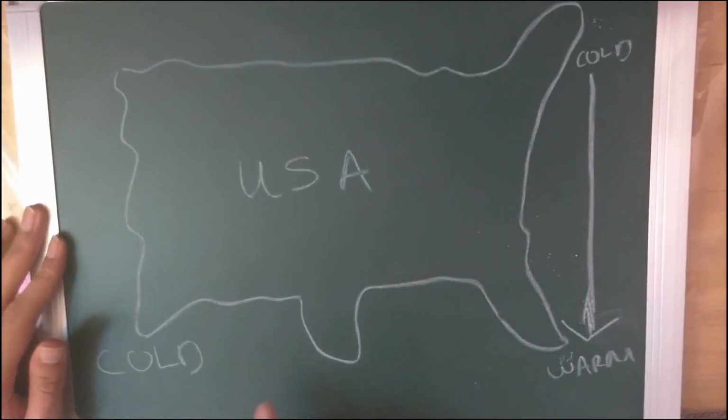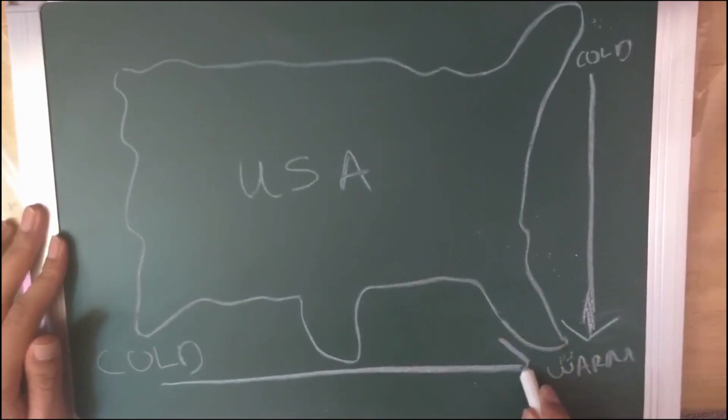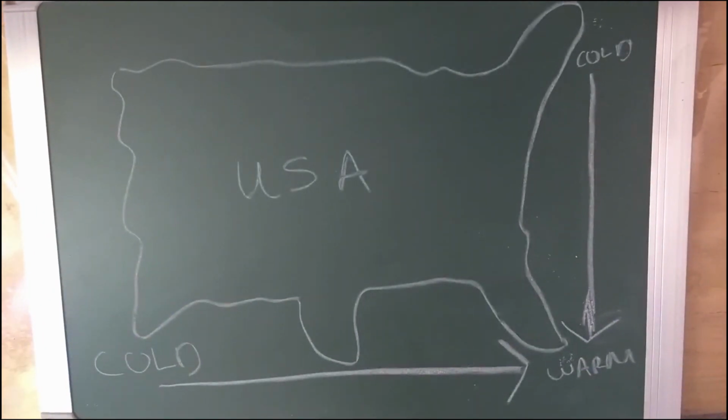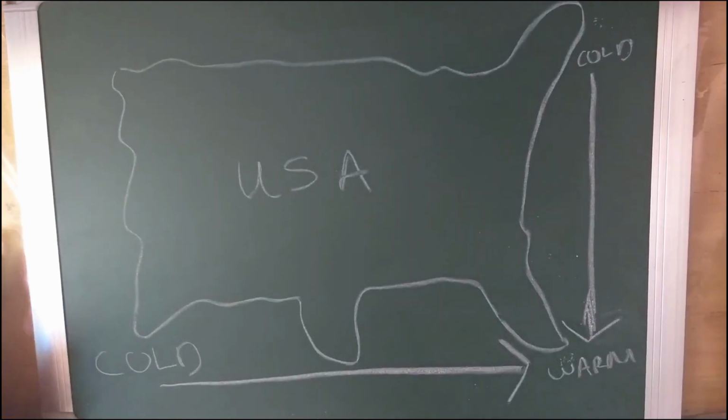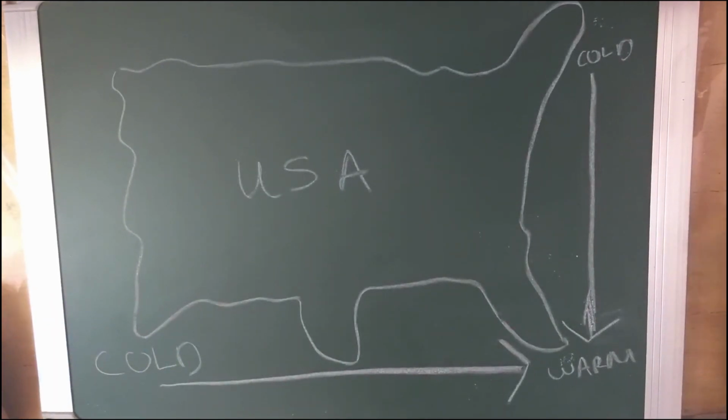Well, let's draw a vector to represent that. So this is by no means geographically accurate, but that's fine. We can sort of discern from this the general trend in the temperature of the United States with these conditions.